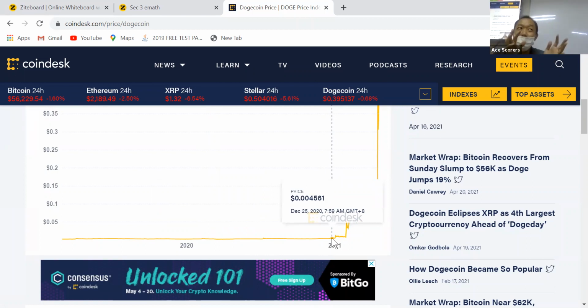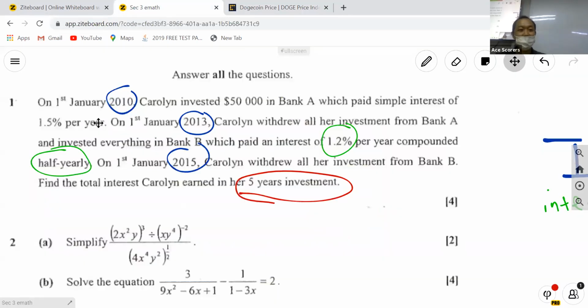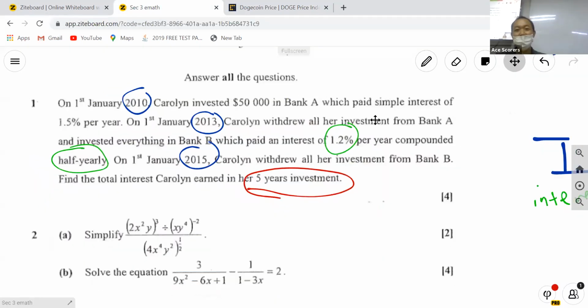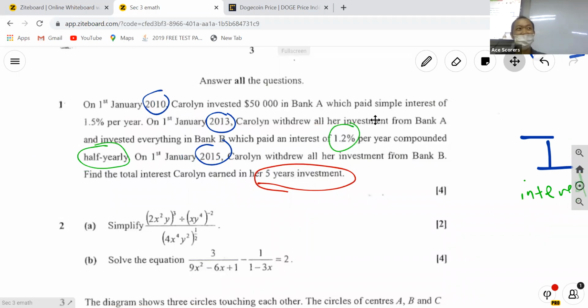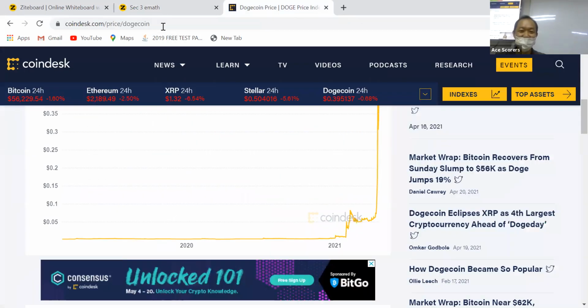So if you bought at 0.003 and now it's 30 cents, how many times would you have made? If this auntie put 50,000 in at 0.003, how many zeros?